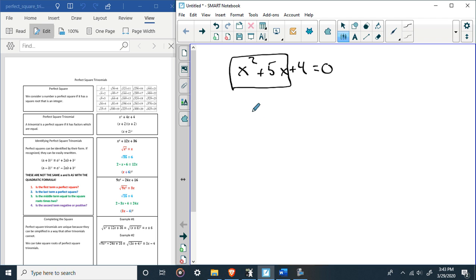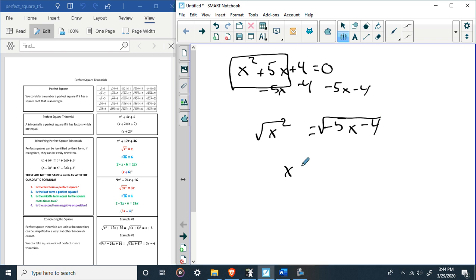So even if we subtracted 4 and subtracted 5x from both sides, there's no operation that will help me separate. Even if I square rooted this, I would find out that x is equal to the square root of negative 5x minus 4, which is all well and good, but I still have x's on both sides. There's no way to separate that away, okay?